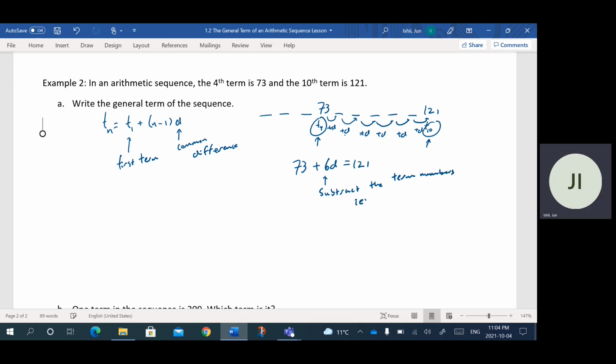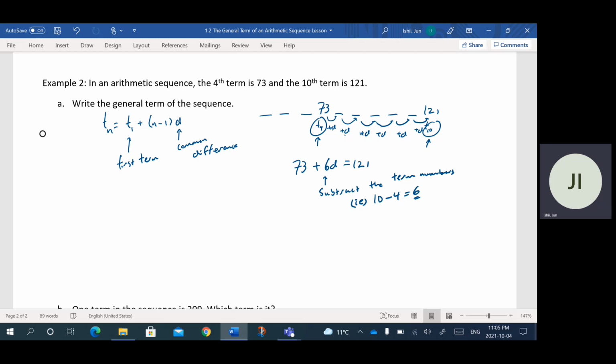In other words, for this example, that would be the 10 minus the 4, equal to 6. So this equation that we came up with, once we solve for D, will give us the common difference.